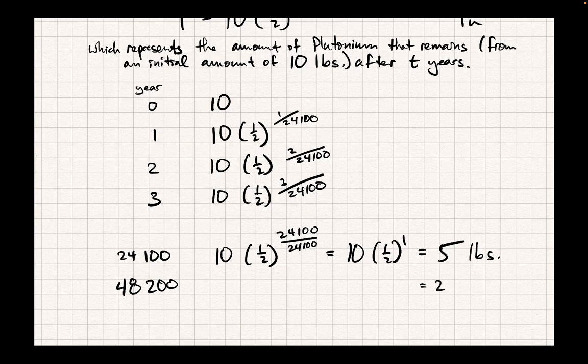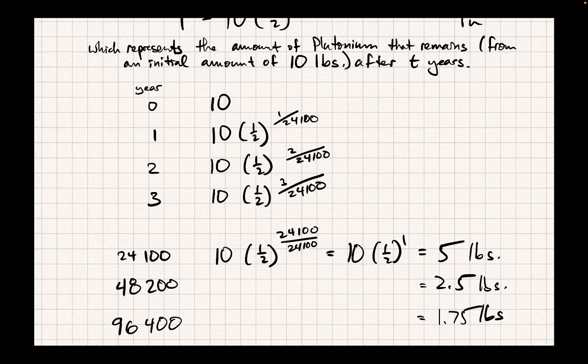Would it be 25? No, wait. There's no way it went up. It doesn't go up, it goes down. Oh, 2.5. Yeah, it's 2.5. What is it after 96,400 years? 1.25.